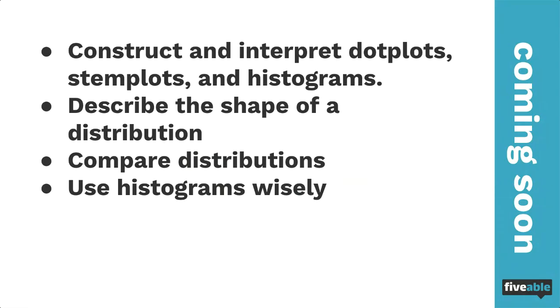We want to make sure that you know that specific language. And last but not least, we want to know how to use histograms wisely, making sure that we are using those histograms in an appropriate way. Moving right along.